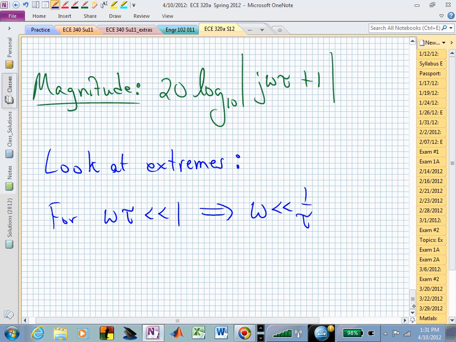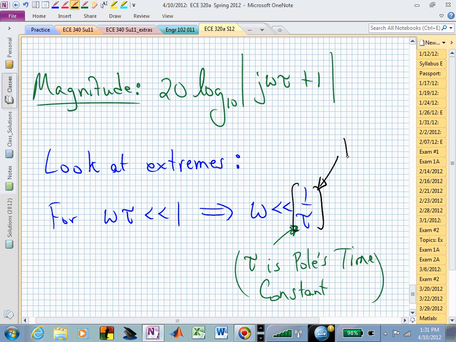So this tau is the pole's time constant. But this whole piece is the pole location. Is that clear? That 1 over tau is the linear's pole location.